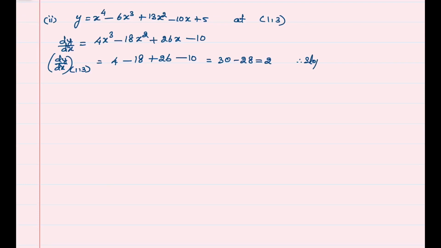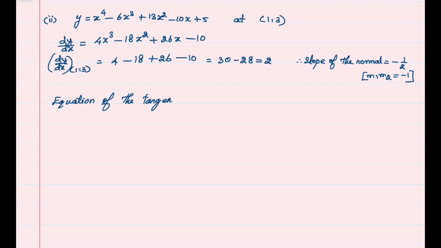Therefore, slope of the normal: change the sign and write the reciprocal. That is, using the formula m1 m2 is minus 1. Let us write the equation of the tangent formula. Y minus y0 equal to m times x minus x0, where m is the slope of the tangent.